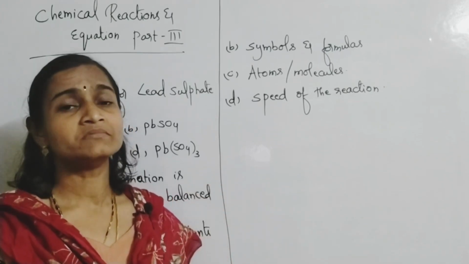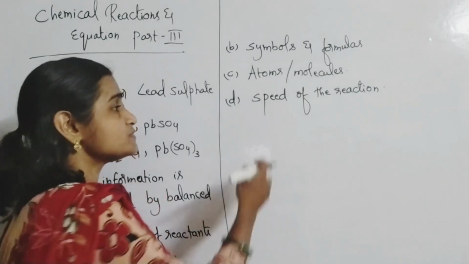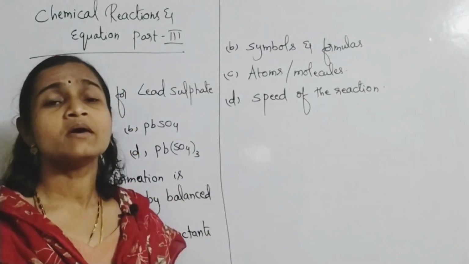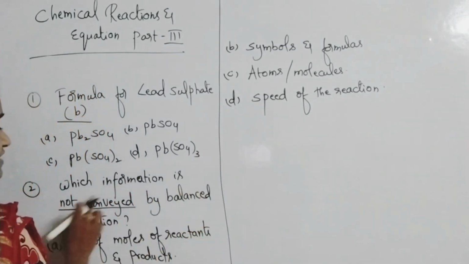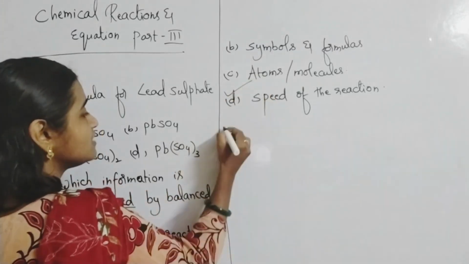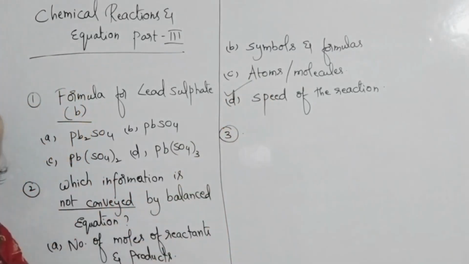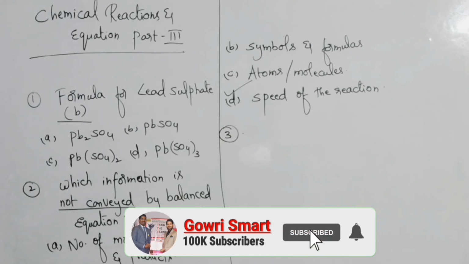No, it is not possible to say that. So the speed of the reaction you cannot say by seeing the chemical equation. Which information is not conveyed? The speed of the reaction. Please check that.